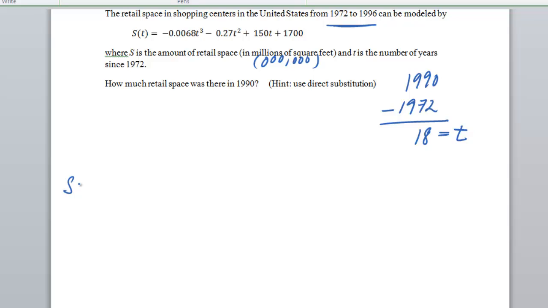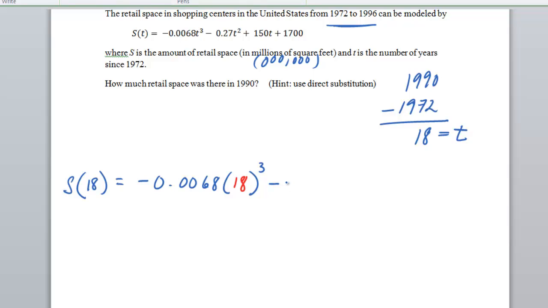And so we're going to say S of 18 years, and then of course we're just going to fill in the rest of this and make sure you get the decimal places and the zeros correct. For T, we're going to put that in parentheses, and of course that's going to be 18.